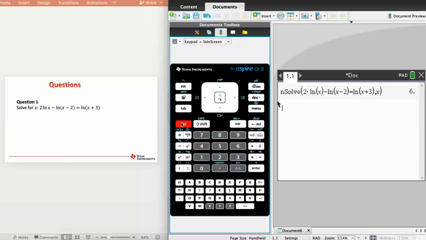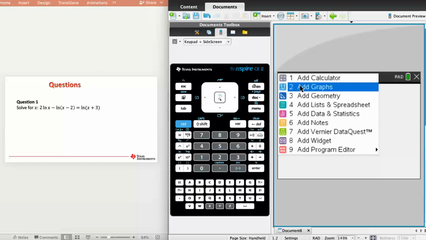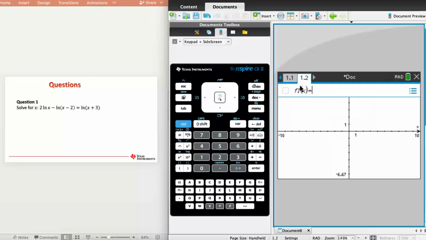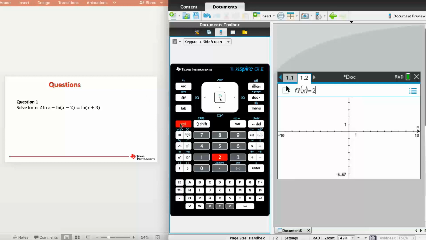So Control Doc to add a graphs page. The first graph that I'm going to draw is the left-hand side of the equation. So it will be 2 control natural log of x, right arrow, minus control natural log of x minus 2.